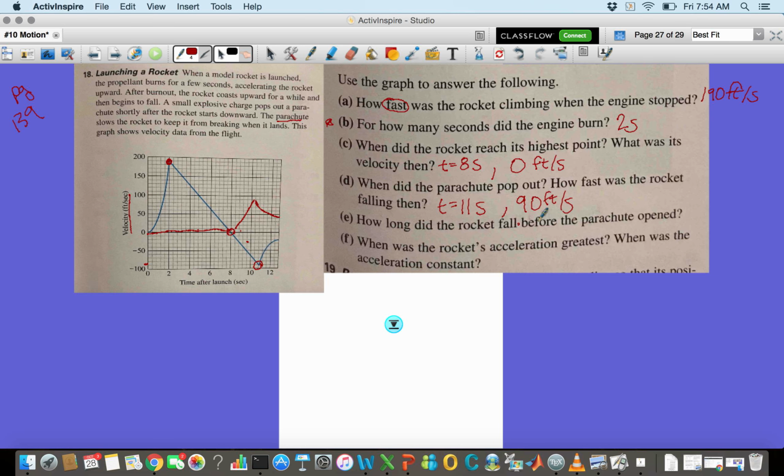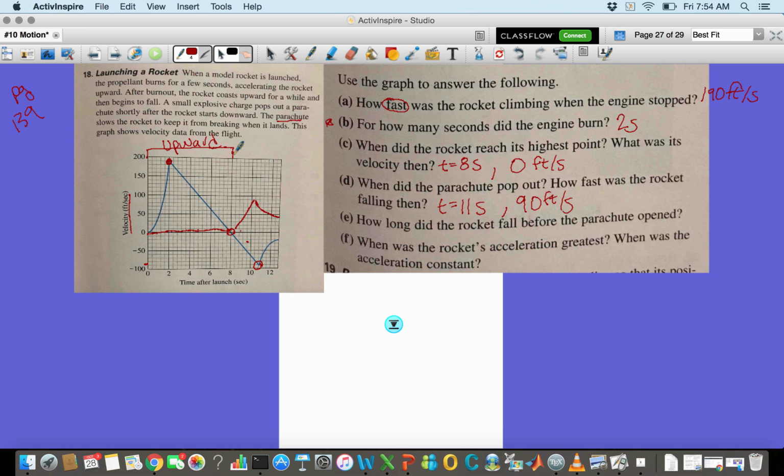How long did the rocket fall before the parachute opened? We were not falling from here, remember? Here we're still rising. We're rising during this whole period of time.